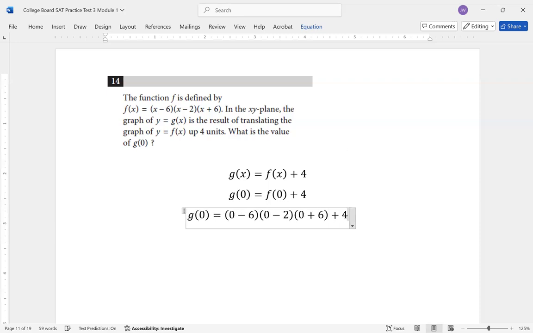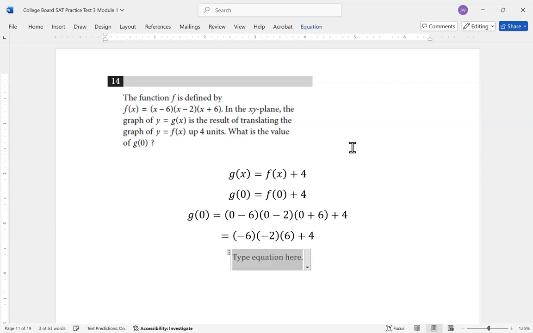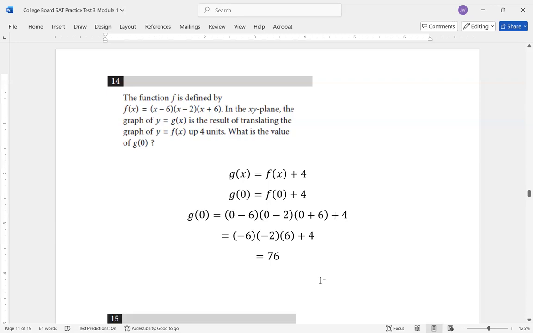And then after I do that, I add 4. So we end up with negative 6 times negative 2 times positive 6 plus 4. And when that's all calculated, that's 76. Therefore, my final answer is that g of 0 is equal to 76. So that's question 14.